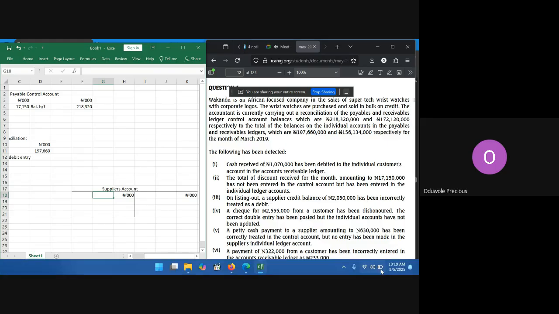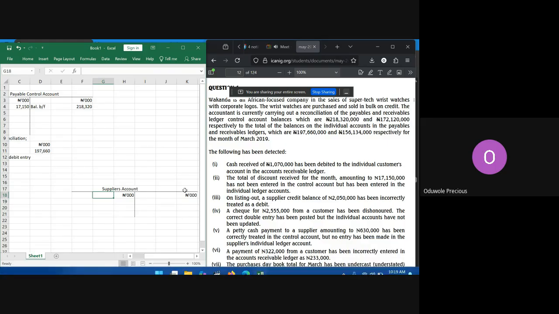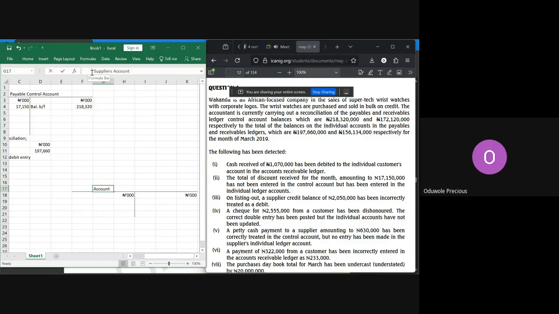Now, this supplier's account, they now said something about it. They said that a credit balance has been wrongly debited. That means there is a figure here as 2050.